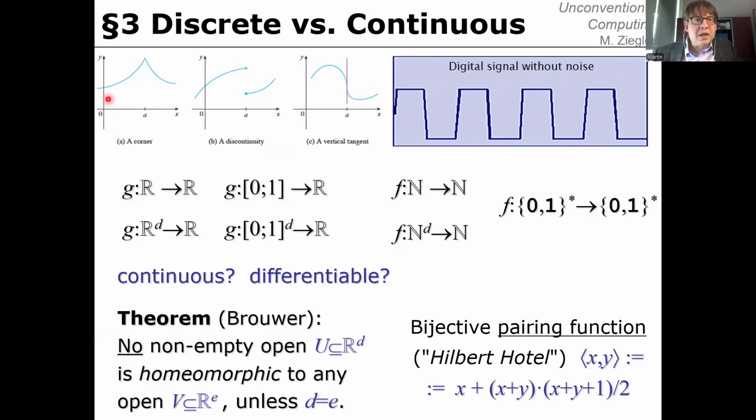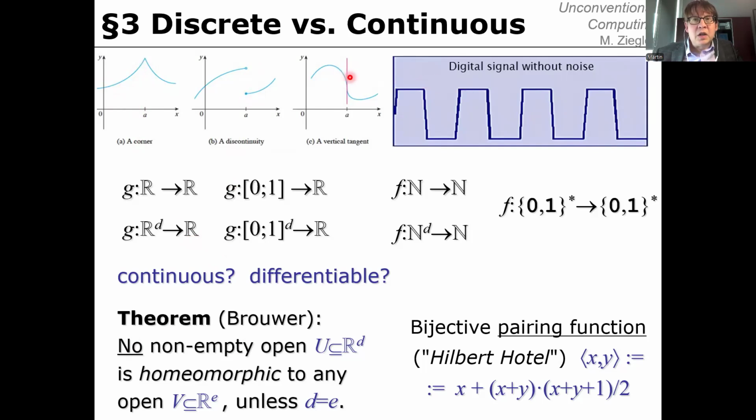So yes, as I said, in the continuous setting, we need to watch out for singularities like jumps, discontinuities. Here's a corner, so this is continuous, but not differentiable. Differentiable intuitively means the slope, right? So here the slope goes up, here the slope goes down, but at this very point, there's no well-defined slope.